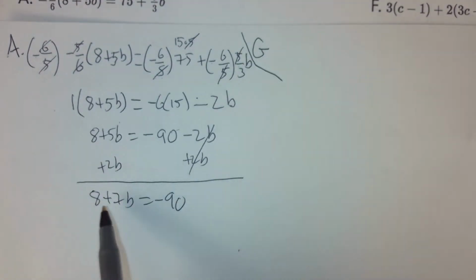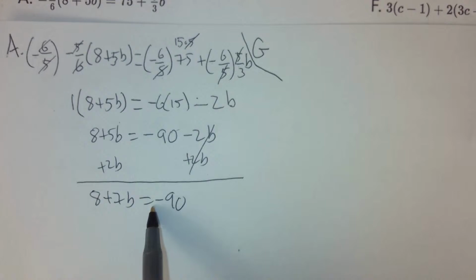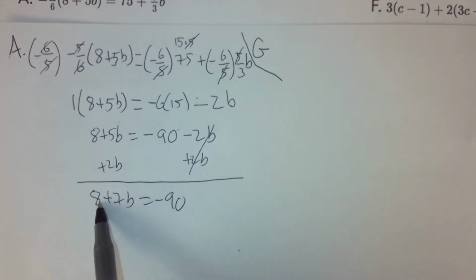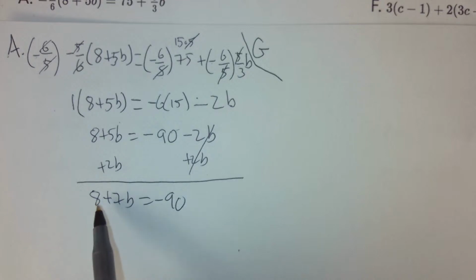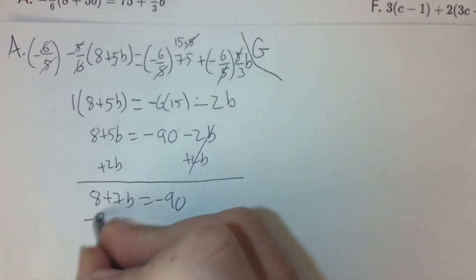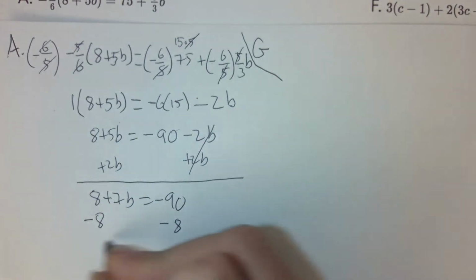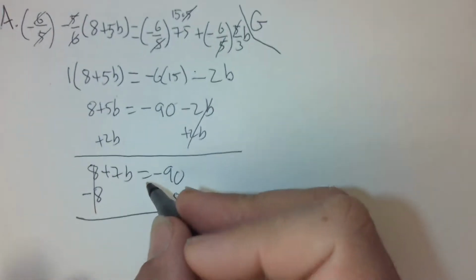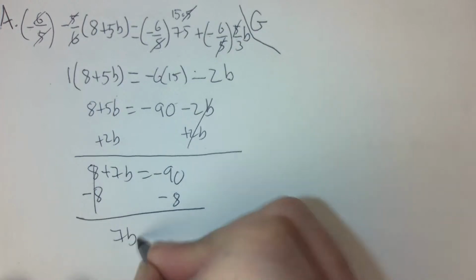What was our next step when we solve an equation? We said 8 plus 7b is negative 90. I'm multiplying 7 times b and I'm adding 8. Now I'm going to subtract 8. Now I'm going to move my constants to one side. Subtract 8, subtract 8. And this is 0. And we bring down the 7b.